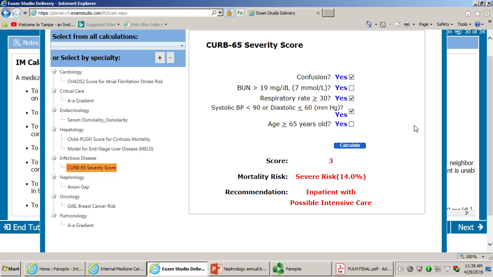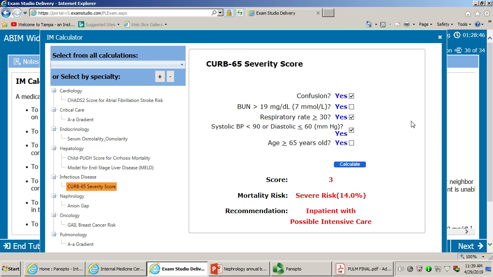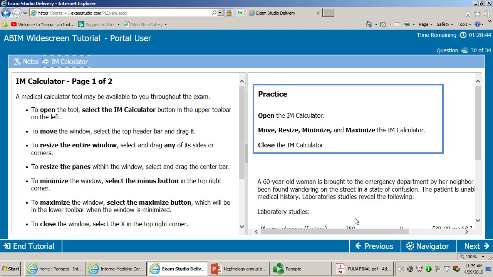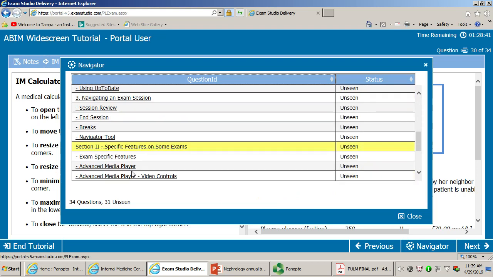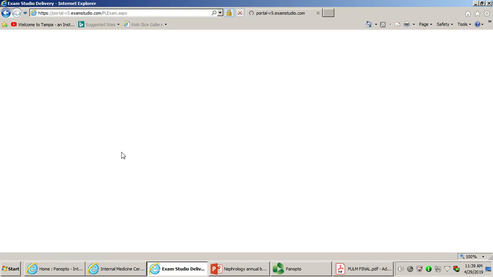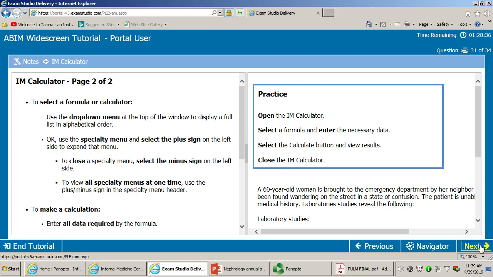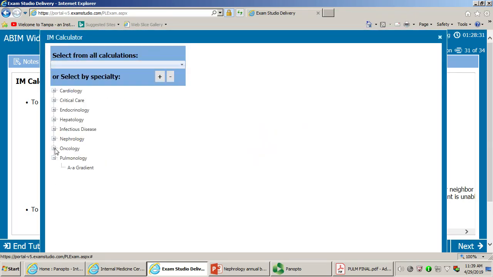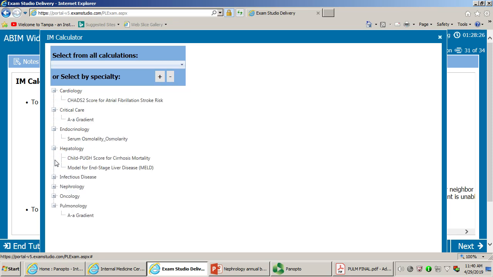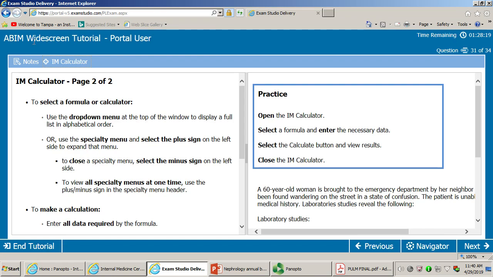Page 2 shows more. I'm pretty sure Wells was on there, which is why I wanted to show it to you.